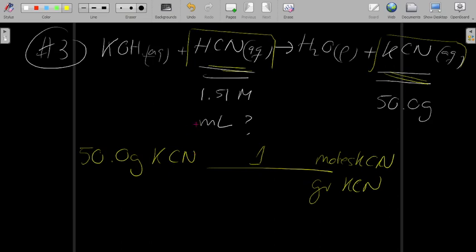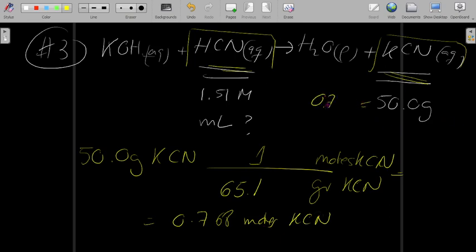If you do that, you'll find that 65.1 grams is the amount that you have in 1 mole. Put everything in the calculator, and you get 0.768 moles of potassium cyanide. So now we know that this is 0.768 moles.